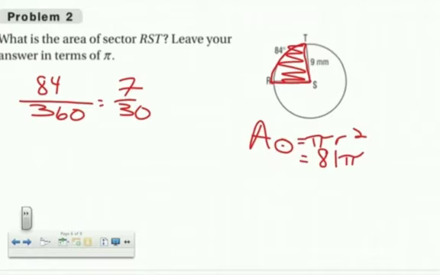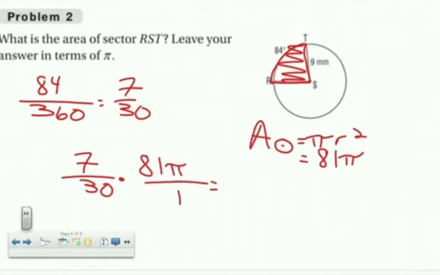Remember, if you enter a fraction into your calculator and hit equals, your calculator will reduce the fraction for you. Okay, so what I'm doing is taking 7/30ths of 81 pi. Remember how you multiply fractions.